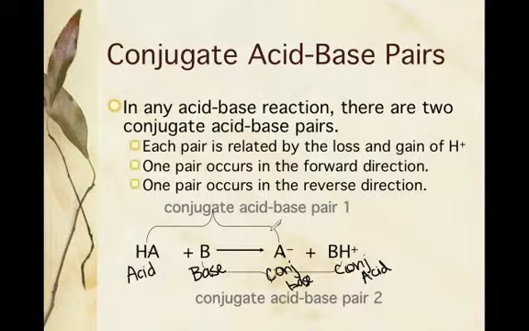These are very important in buffer systems, which we may or may not get to. But does anyone know what a buffer is? Do you guys talk about buffers in biology? Maybe? They resist.